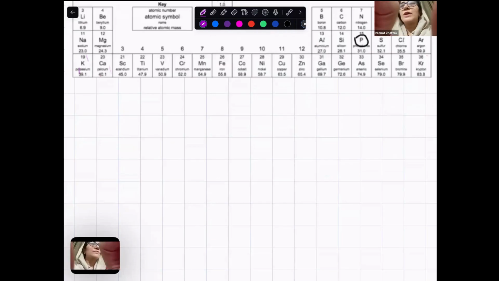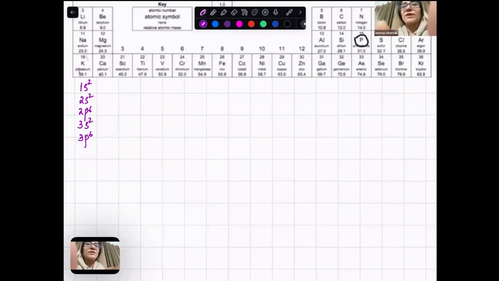Look, potassium: 1s2, 2s2, 2p6, 3s2, 3p6. Right? 18. After 18, 19, it's 4s1. This is potassium.